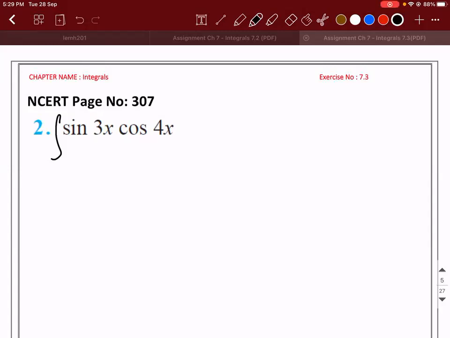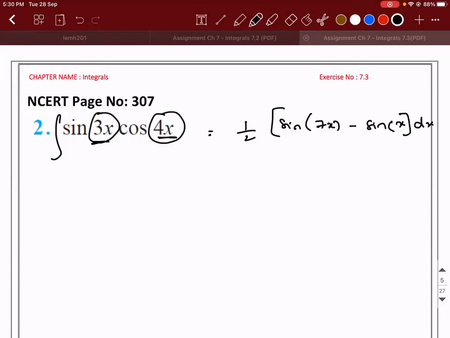What are we supposed to do? You multiply and divide by 2. The sin x minus sin y formula. Yeah. So half into sine of what will you get? You need to add those two values, minus sine of, you need to subtract those values, times dx.